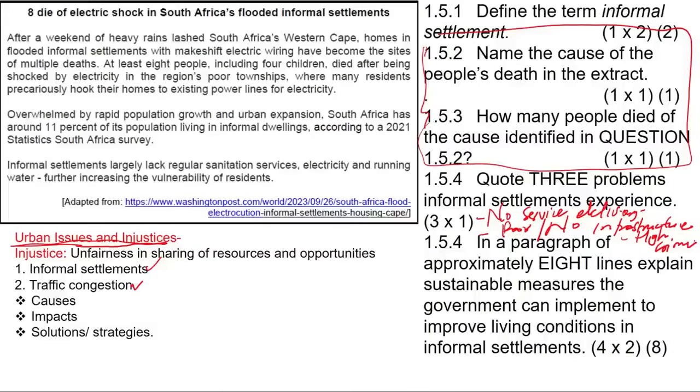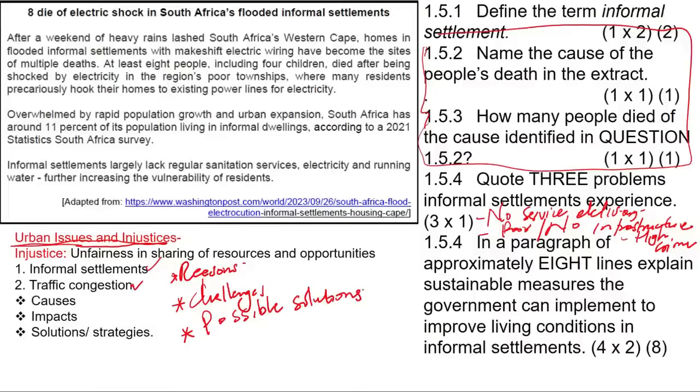So when we're looking at informal settlements, number one, you must look at the reasons why we have many informal settlements. Number two, you must look at the challenges. And number three, you must look at the possible, sustainable solutions.